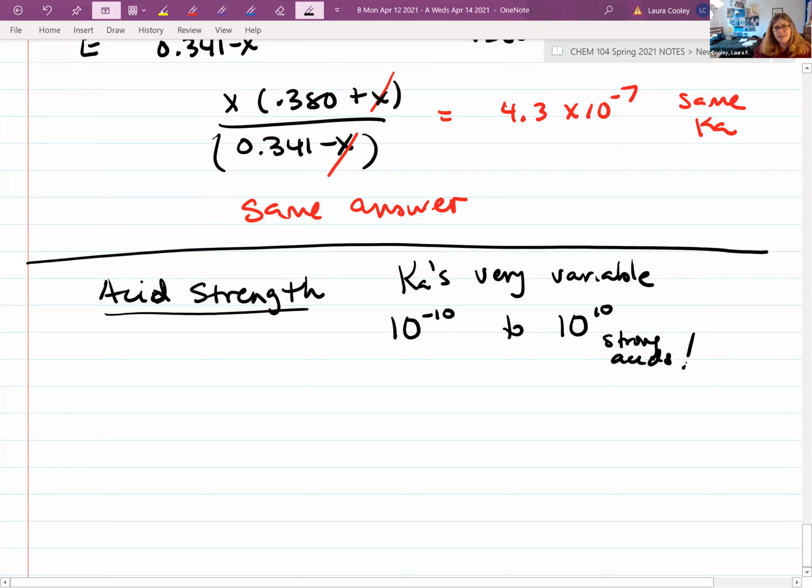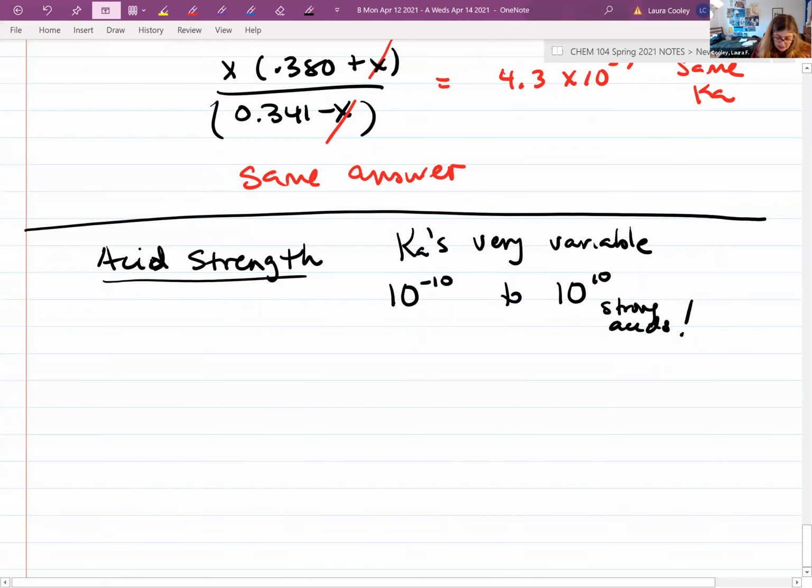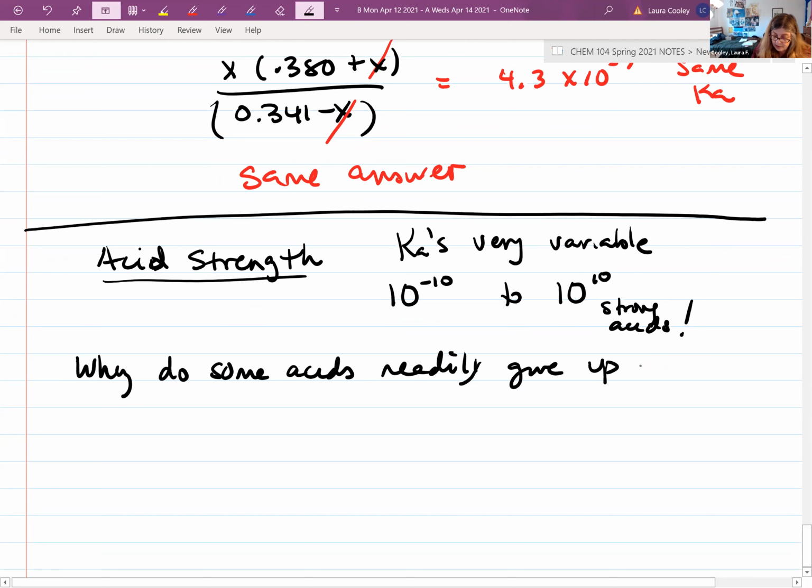So that means that some acids really readily donate their proton. They immediately dissociate completely. And other acids only do it very occasionally. So the question becomes, why do some acids readily give up their proton and others do so only occasionally?